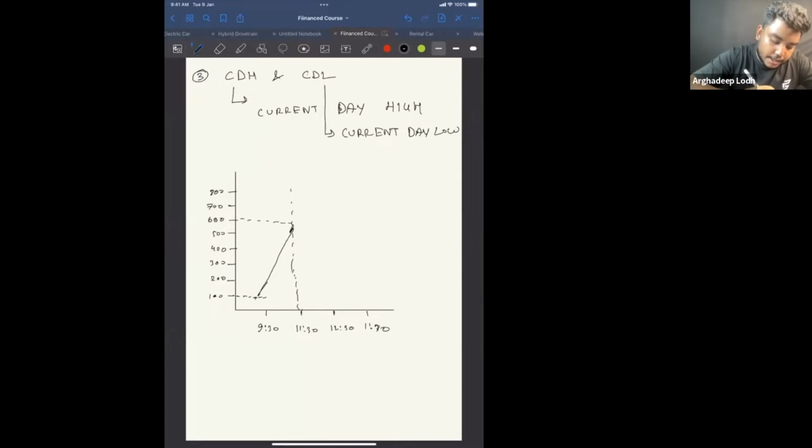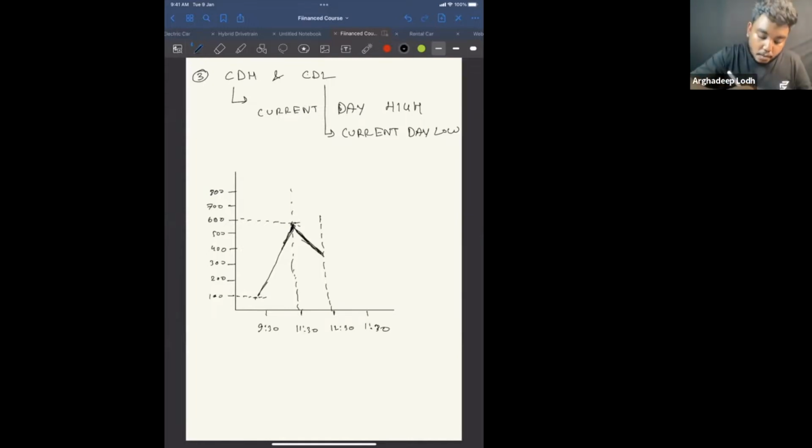प्राइस ऊपर जाकर ₹600 को टच किया. So if you are trading at 12:30, suppose you opened your laptop and started trading at 12:30, तब प्राइस है यहाँ पे.